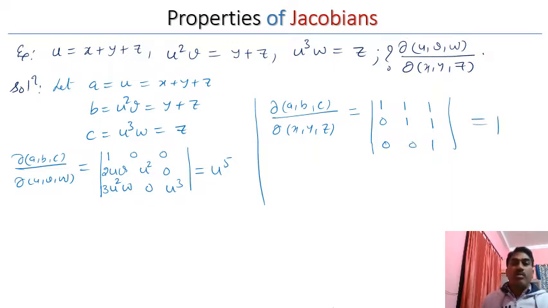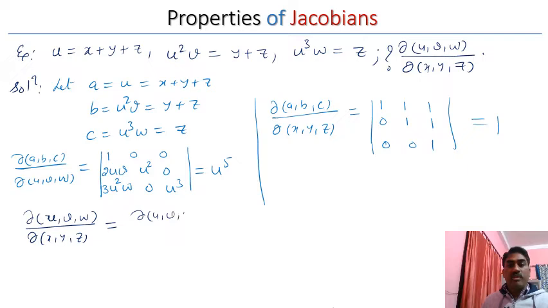So now how can we find Jacobian of u, v, w with respect to x, y, and z? So here is what we will do. By chain rule, Jacobian of u, v, w with respect to x, y, and z can be written as Jacobian of u, v, w with respect to a, b, c into Jacobian of a, b, c with respect to x, y, and z.